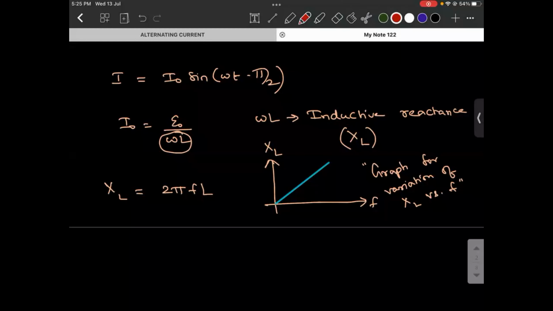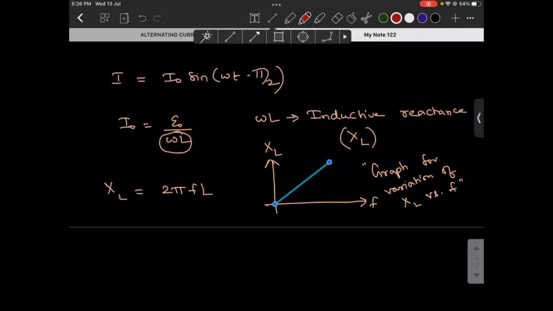So there is a graph for variation of XL as a function of frequency. Slope is 2 pi L. Correct. Any doubt?